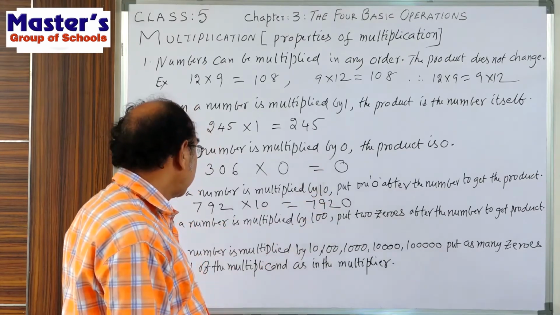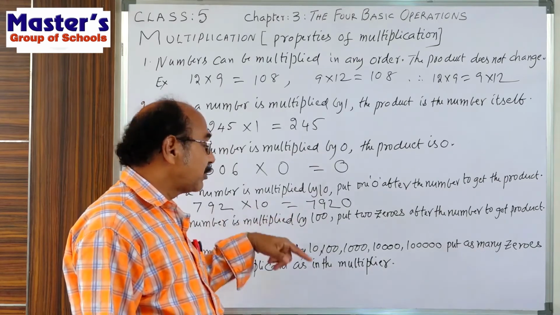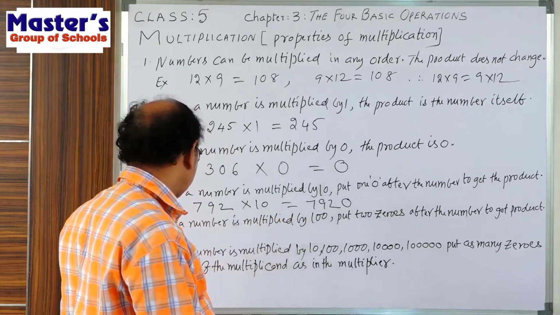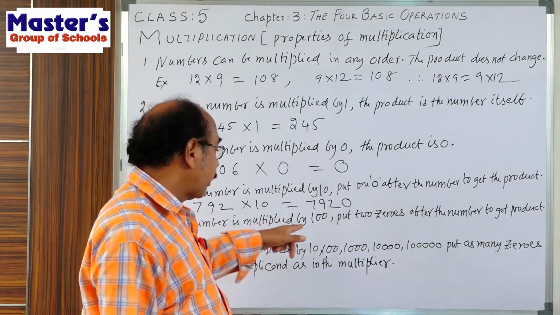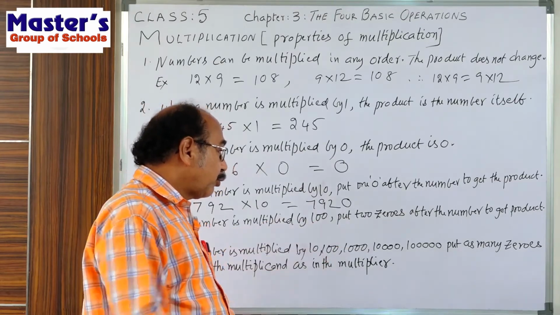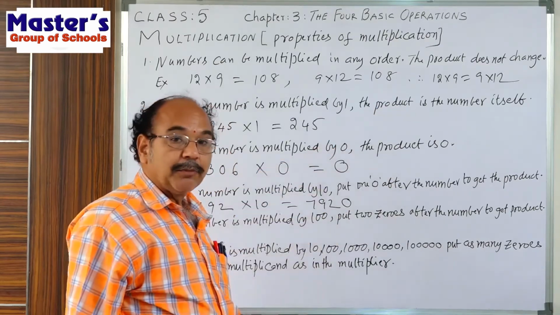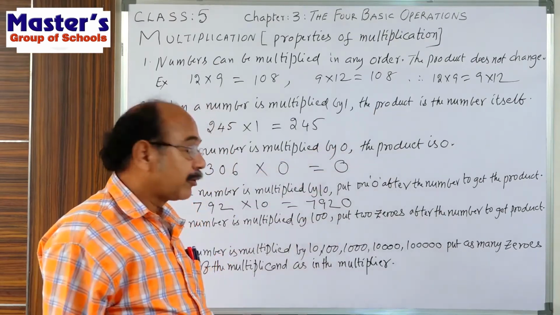That is the product. So 792 into 10 is equal to 7920. Now come to fifth problem. When a number is multiplied by 100, put 2 zeros after the number to get the product.